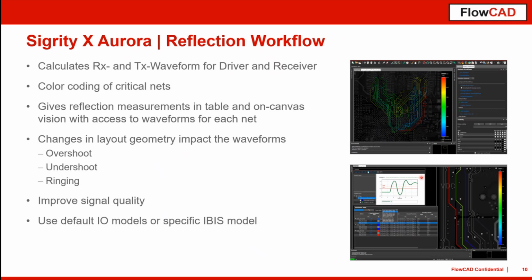The tool provides 3 different types of general or default IBIS models that cover technologies like 1.2, 2.5, and 3.3 voltage technologies, where you can also adjust the rise and fall times by some special values. And this gives you, if you run the simulation right now for some selected nets, all the waveforms over your design.